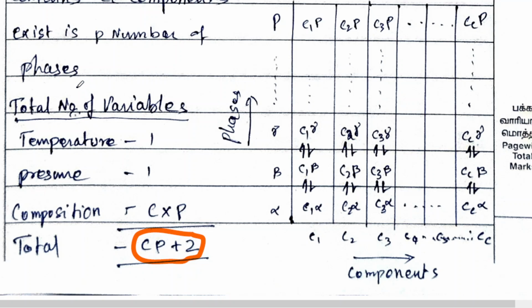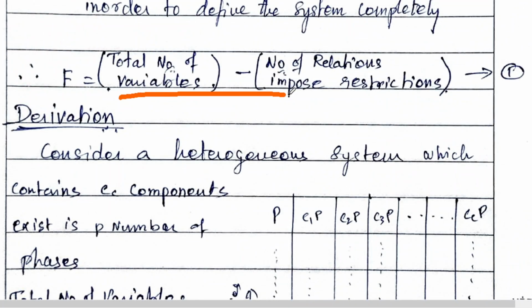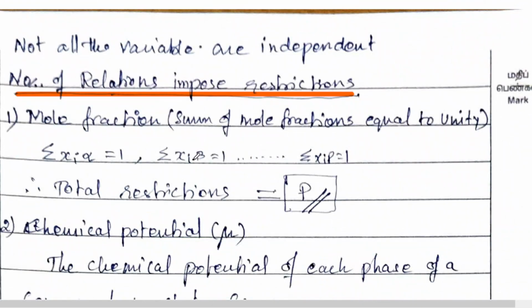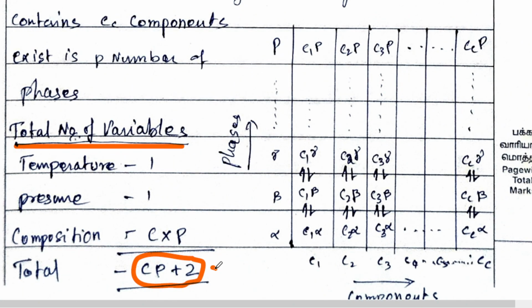Not all these variables, as I have already told you, are independent, and we have to subtract the relations that restrict the independence. Therefore we are going to calculate the number of relations that impose restriction to the system.